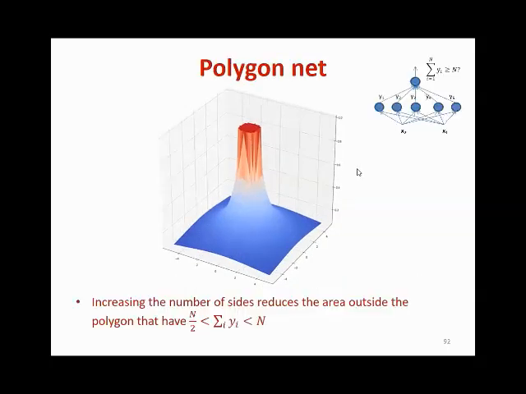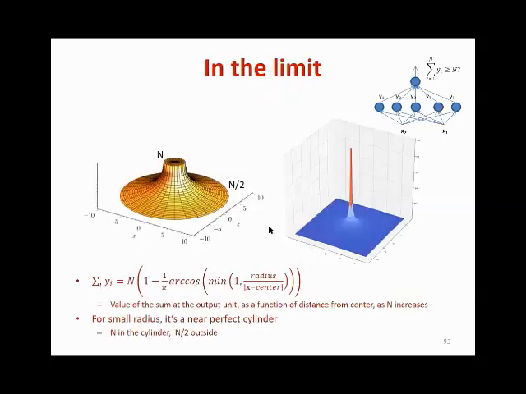As I keep increasing the number of sides for the polygon, you eventually get to a situation where the area within which the sum is greater than n over 2 is always finite, and in the limit as n becomes very large, the sum of the outputs of these first layer polygons begins to take this shape.